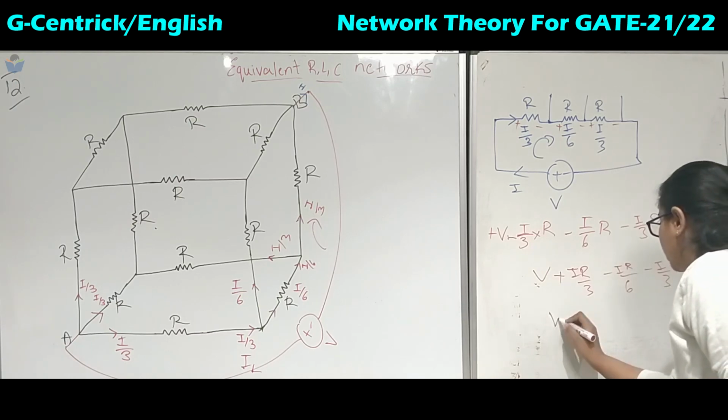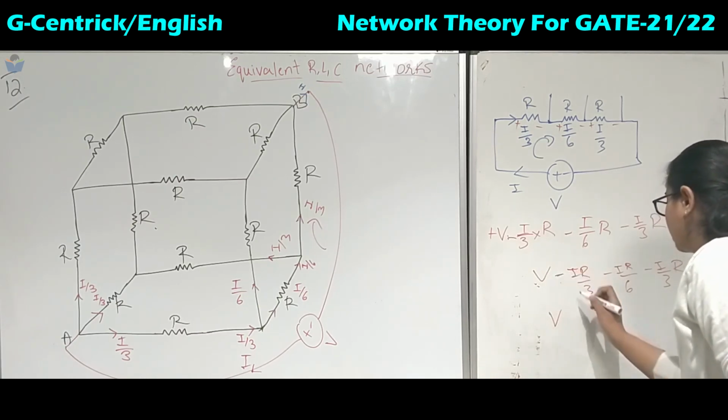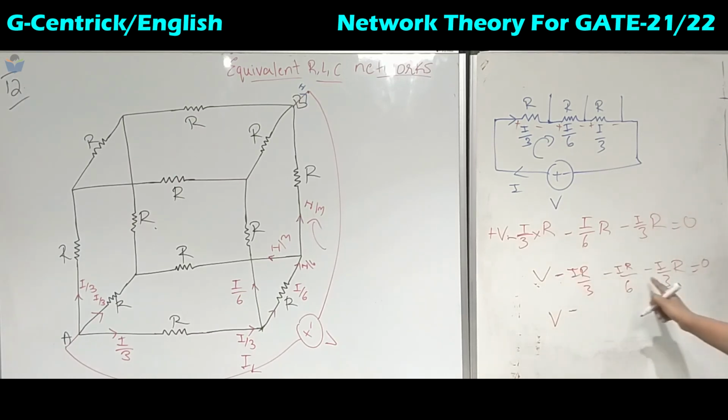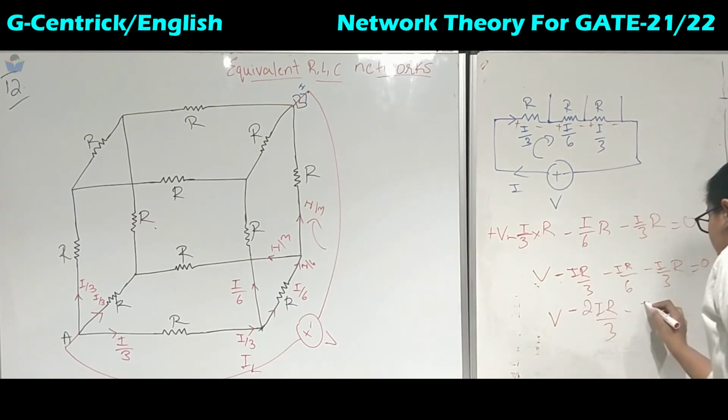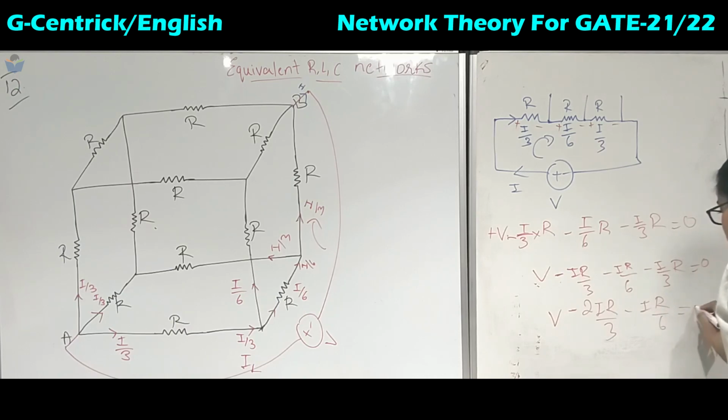So V is equal to, here also it is minus, so minus IR by 3, IR by 3 is 2 IR by 3, minus IR by 6 equal to 0. So once you solve it, we will get R is equal to 5 by 6 times of I.